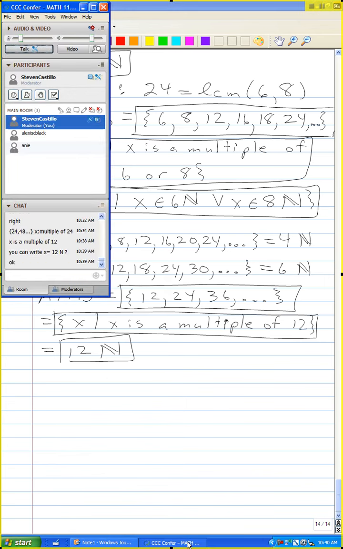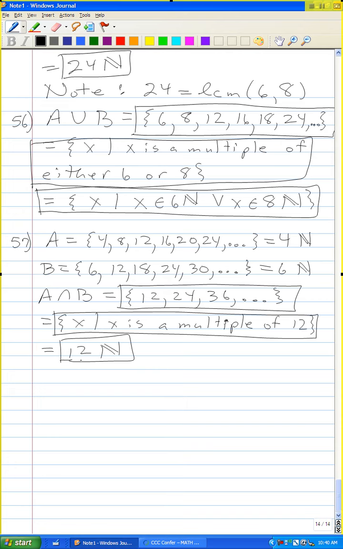Again, note 12 is the least common multiple of 4 and 6.